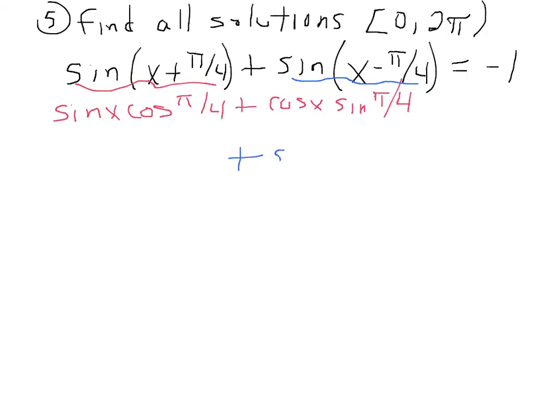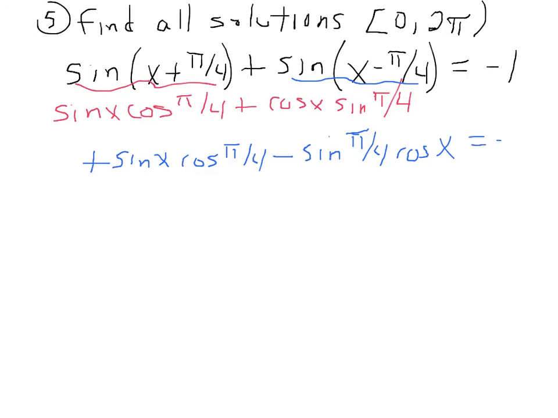The sine of x, so we're going to have sine of x cosine of pi over 4 minus sine of pi over 4 and cosine of x equals -1. So now we just got a lot of simplifying to do.